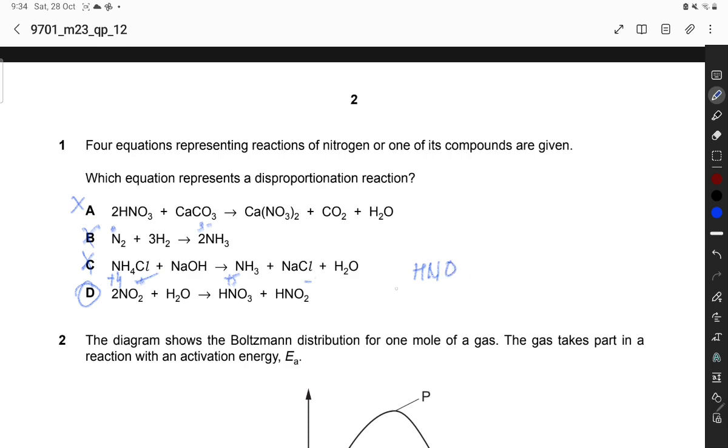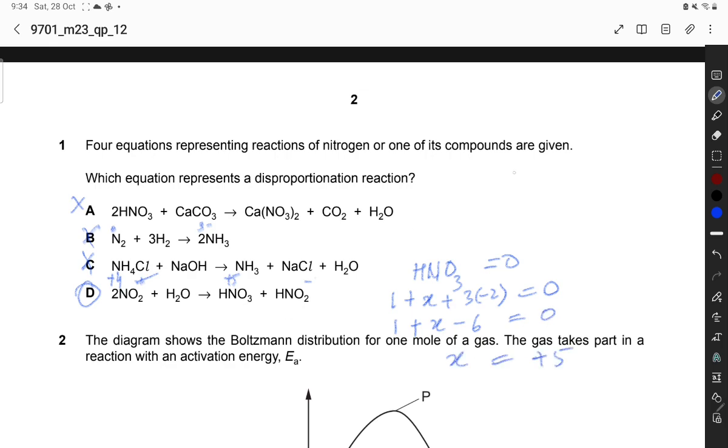Look at here, HNO3 is equal to 0: hydrogen 1 plus nitrogen X plus 3 times minus 2 is equal to 0. So X minus 6 plus 1 is equal to 0, so X is equal to +5.